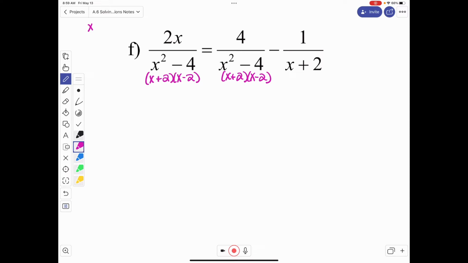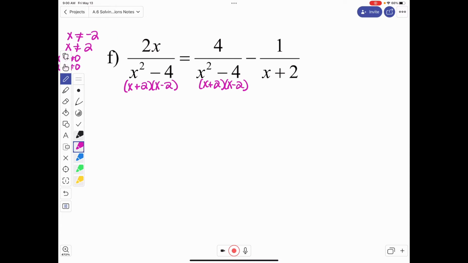So I know x can't be negative 2 and x can't be positive 2, because if it's those things, it's going to give me a 0 on the bottom. I simply got that by saying x plus 2 can't be 0, and I subtracted the 2 to the other side, and the same thing for the x minus 2 can't be 0. If you move the 2 to the other side, you'll get negative 2. If you move the negative 2 to the other side, you get a positive 2. So that's where that's coming from.